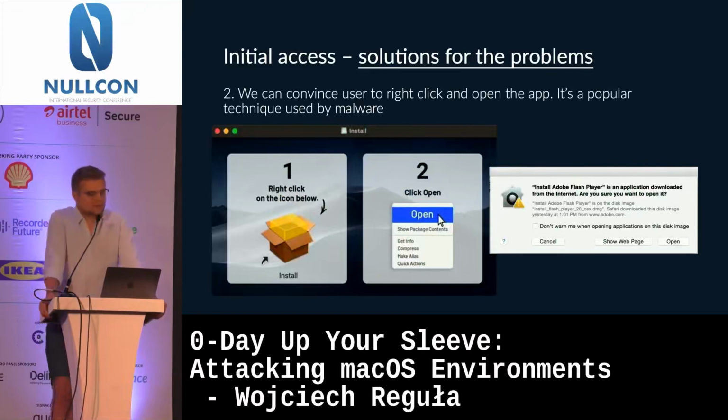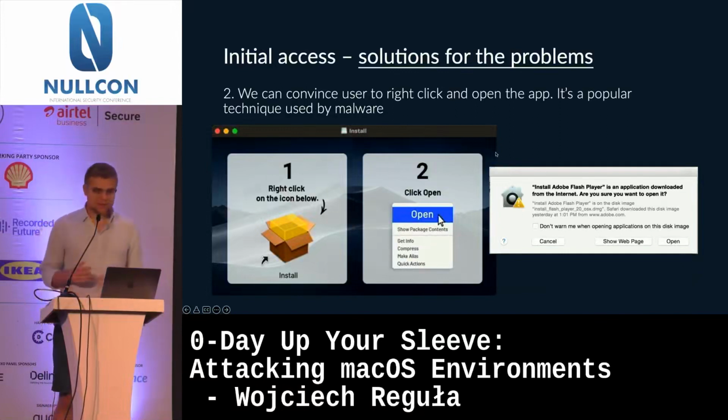So there is a second solution, commonly used by current malware. We can provide our payload bundled in a DMG file. And a DMG file is a disk image where we can set the background. As you can see here, that's an example of real malware.